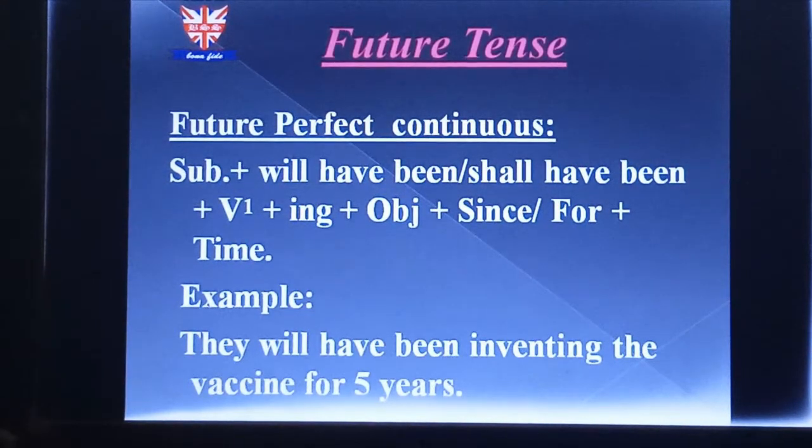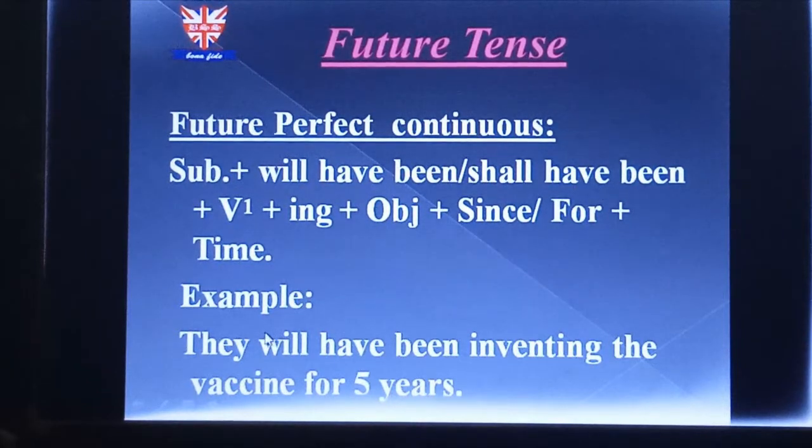So you don't need to panic that perfect continuous is longer than the other tense structures. Just you have to go for the helping verbs. What is the helping verb there? Here my helping verb is will have been or shall have been.